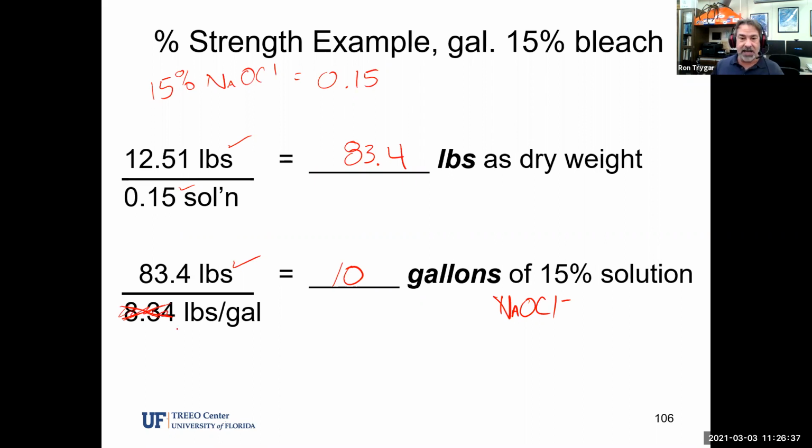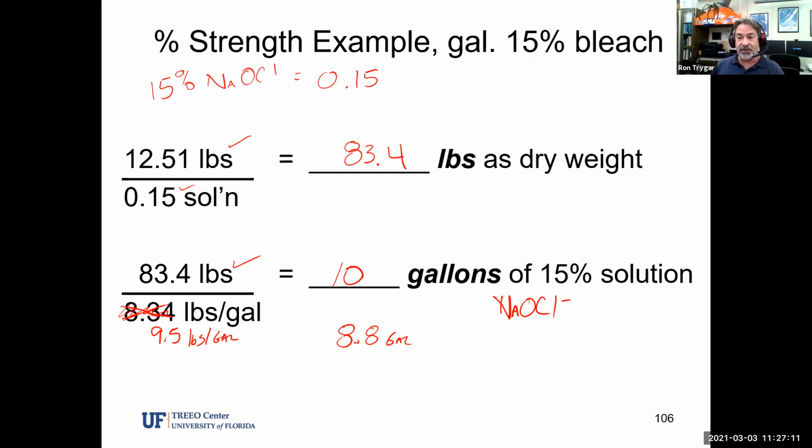If it was, say, 9.5 pounds per gallon, then we would substitute that right here. You'd figure this as 83.4 divided by 9.5, and you'd come up with an answer of 8.77. So let's go 8.8 gallons of 15%, because you need less of it because it's a heavier chemical. So it's a little bit more dense. So that's how we'd work that out.